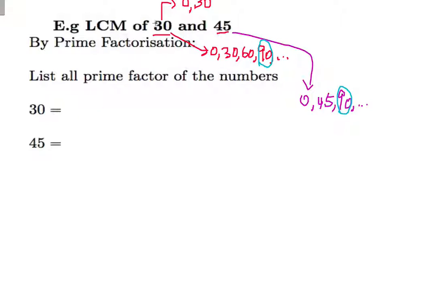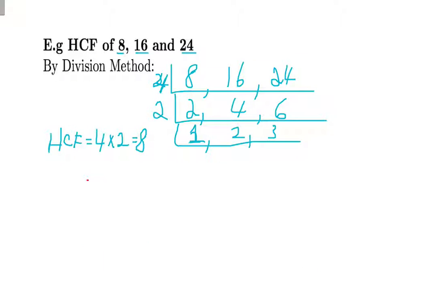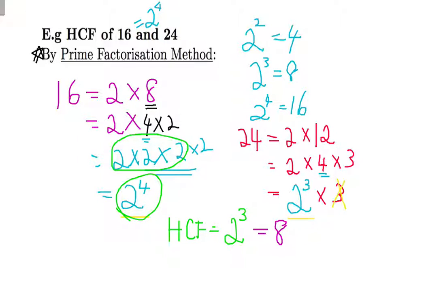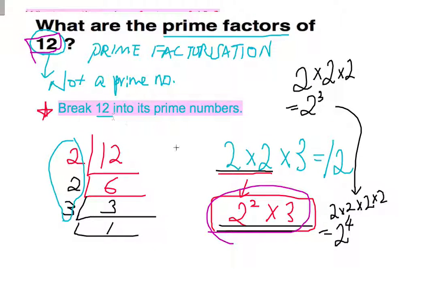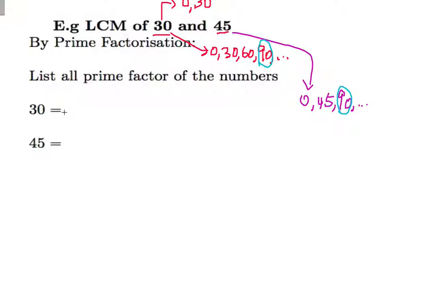Very quickly, we'll break 30 into its prime factors. We have done it before in episode 1, whereby we broke 12 into its prime factors. We'll do the same again. 30 is 2 times 15, and 15 is still not a prime number, so it's 2 times 3 times 5.